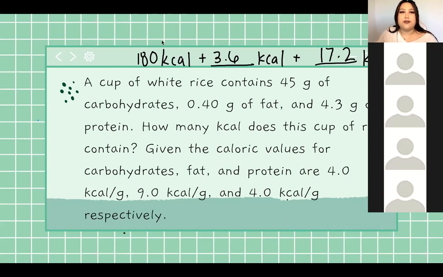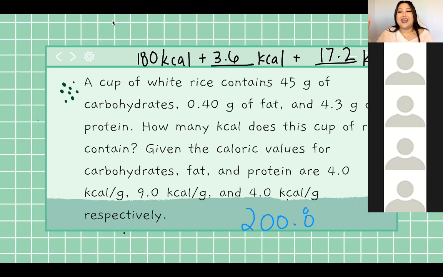Okay, and then the very final portion of the problem would be to just add everything up. So 180 plus 3.6 plus 17.2 is 200.8, which is what Iris got. So good job, Iris. So sorry.